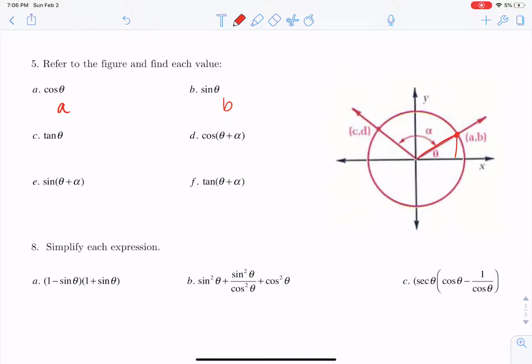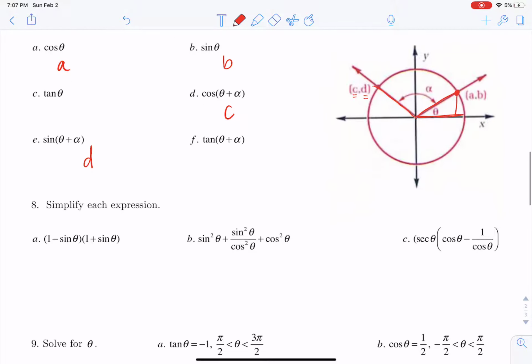And tan of theta we know is B over A. Cosine of theta plus alpha, we're talking about this theta plus this angle right here, that's going to give me C. Sine of theta plus alpha is going to give me D. So looking at these coordinates over here, I'll let you fill in the rest of those.